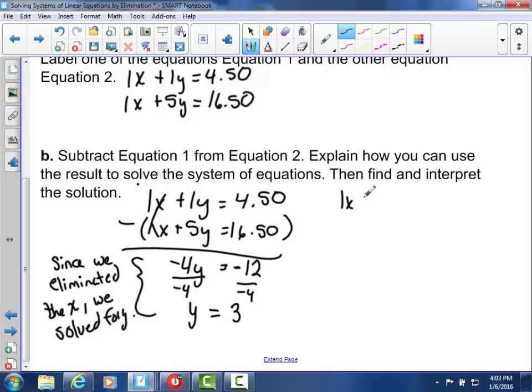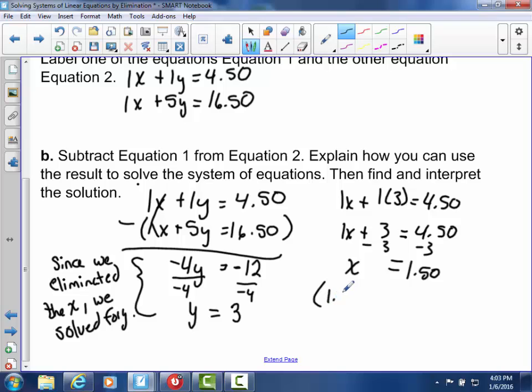So 1x plus 1 times 3 equals 4.50. So 1x plus 3 equals 4.50. Well, 1x is just x. And then I would take away the 3 from both sides, so x equals $1.50.